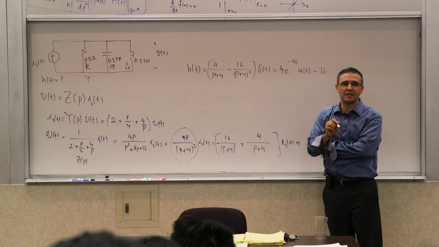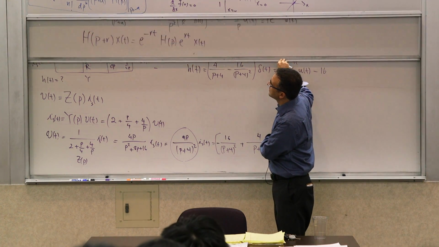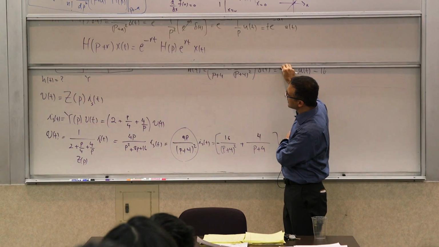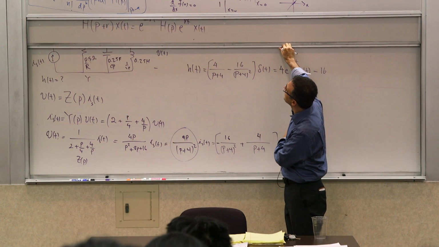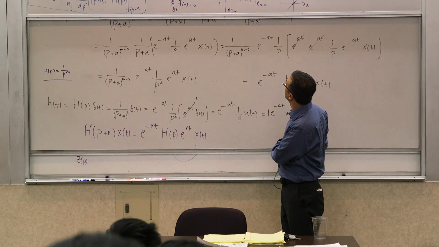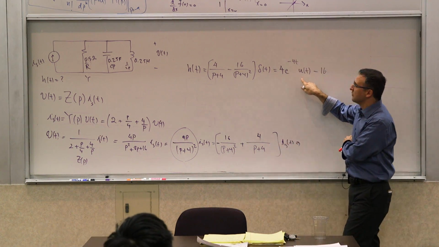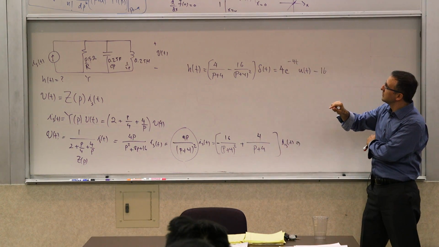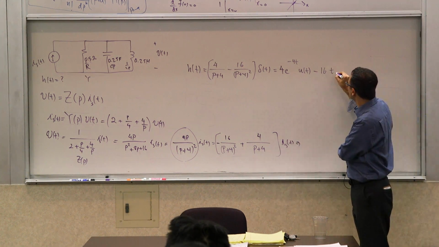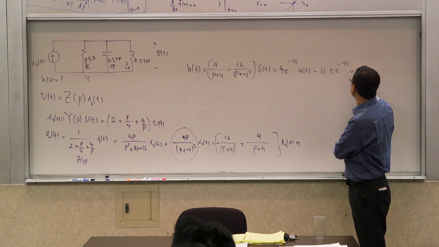You remember how we did this, right? A couple different ways. Anyway, this is the response. So it's 16t e to the negative 4t, u of t. Exactly.